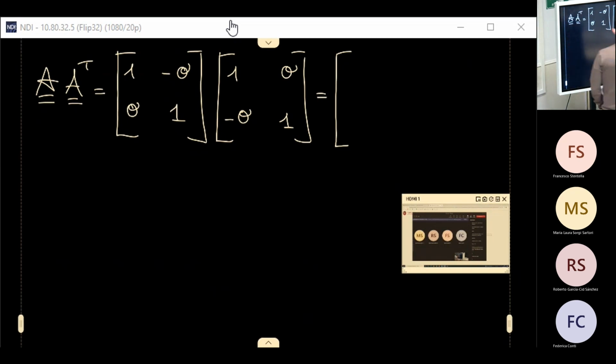We have this times this, and we have 1 plus theta squared. Then this one times this, and it's 0. Then this times this, it's 0. And then this one times this one, and we have 1 plus theta squared.